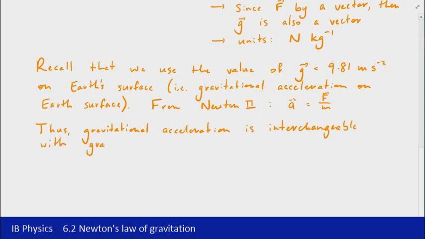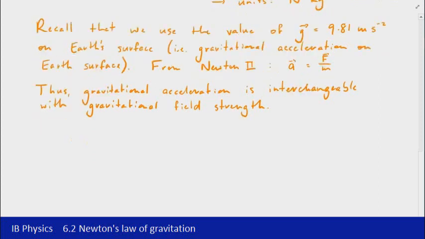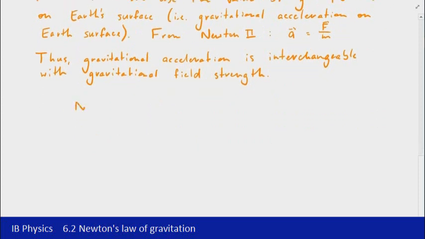As we've said, on Earth that value is 9.81 meters per second squared, but considering that we're also saying it's the same as gravitational field strength, it would then also be 9.81 newtons per kilogram. Just to really drive that point home, from Newton's second law we know that force is equal to mass times acceleration, so 1 newton is kilograms times meters per second squared.